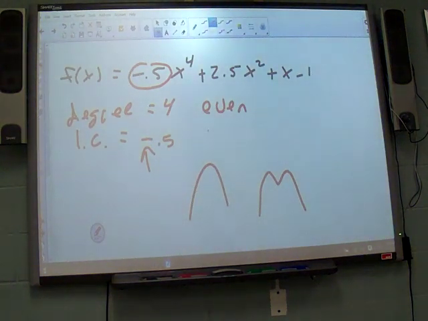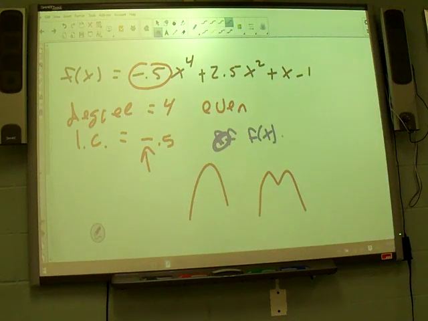But to describe the end behavior, the answer you would write, look in that quadrant where you've got an even and a negative. You would say as x approaches negative infinity, f of x also approaches negative infinity.